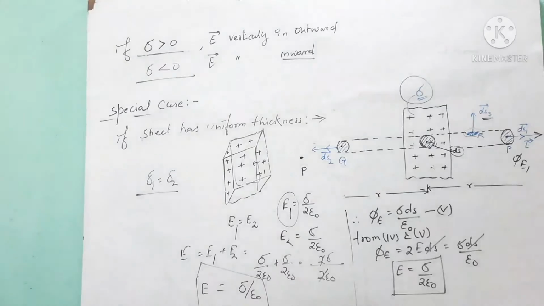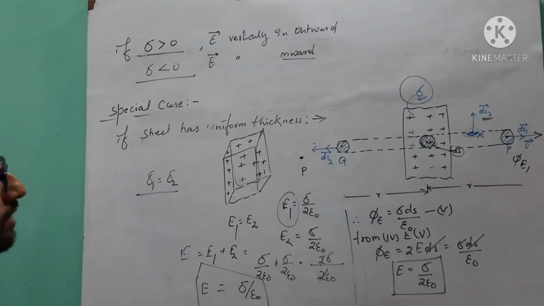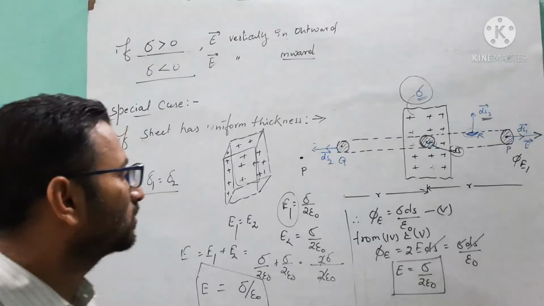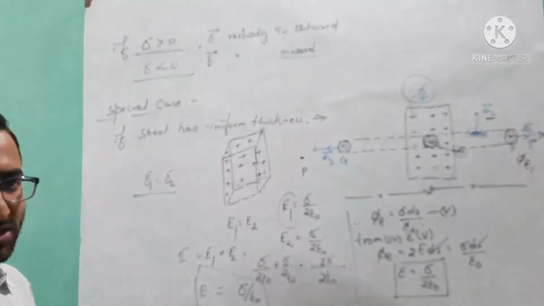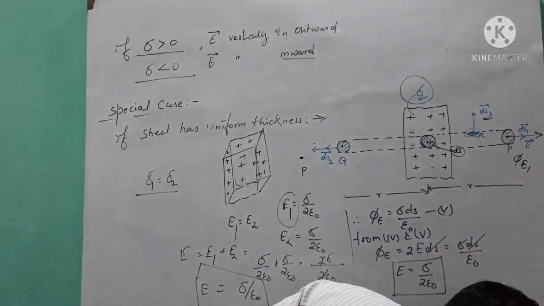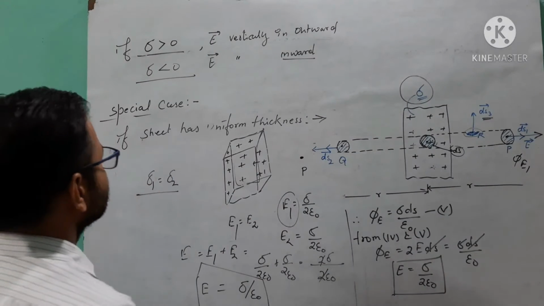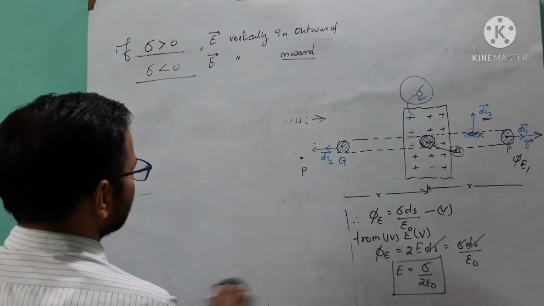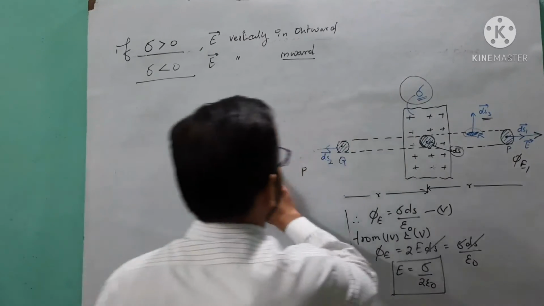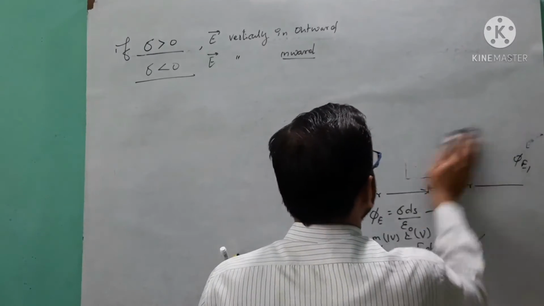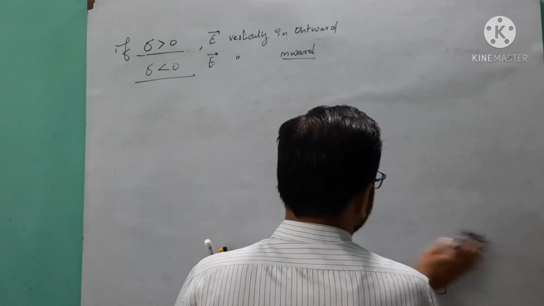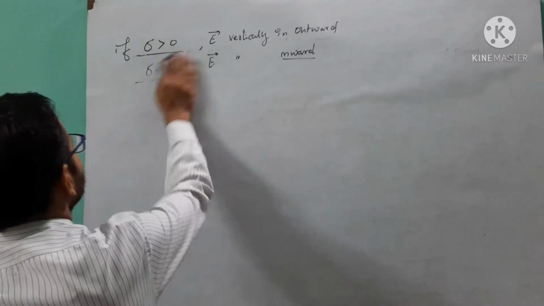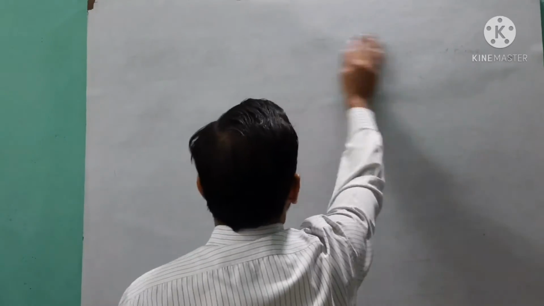After that we will talk about the next derivation, in which we will calculate the electric field intensity due to parallel plane sheets. In this derivation we will calculate in different regions, and we will see what happens if some special cases are introduced in the standard condition. The derivation we are doing right now is important for your numerical portion.